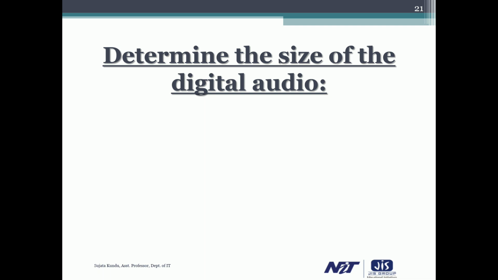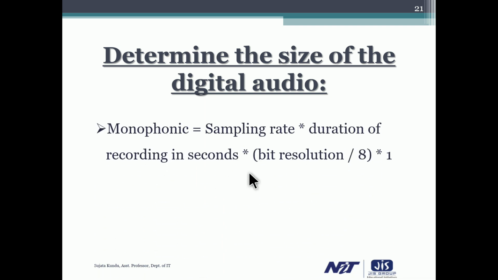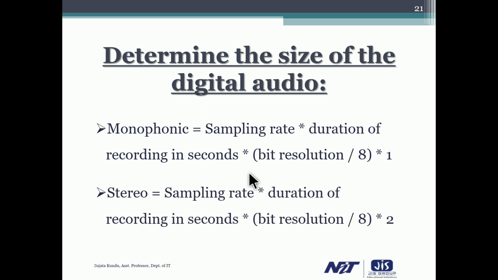Next, we will discuss how to determine the size of the digital audio. Formula for determining the size of the digital audio. But before discussing the formula, we have to know some prerequisites. Sampling is a process where the analog signal is sampled over time at regular intervals to obtain the amplitude of the analog signal at the sampling time.